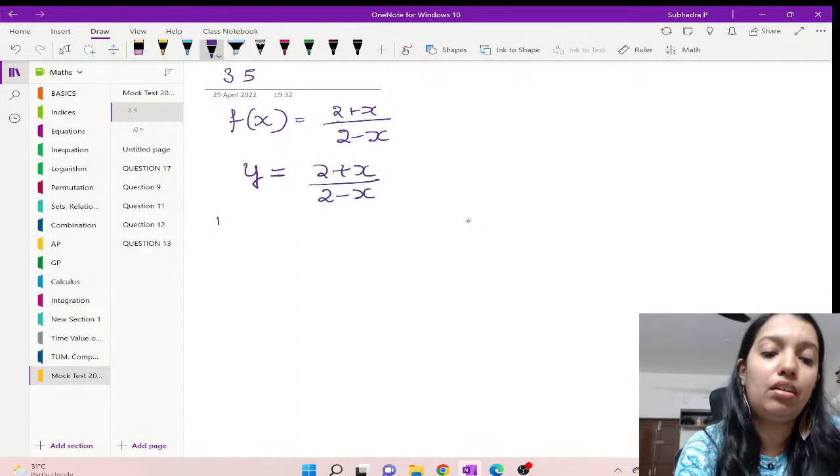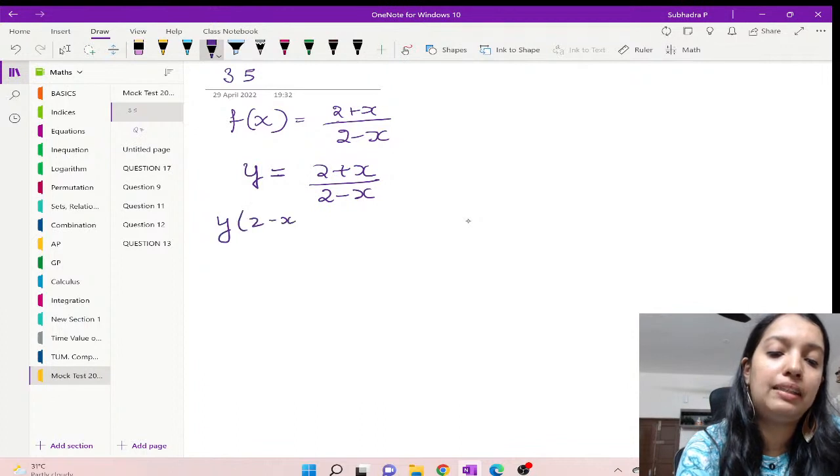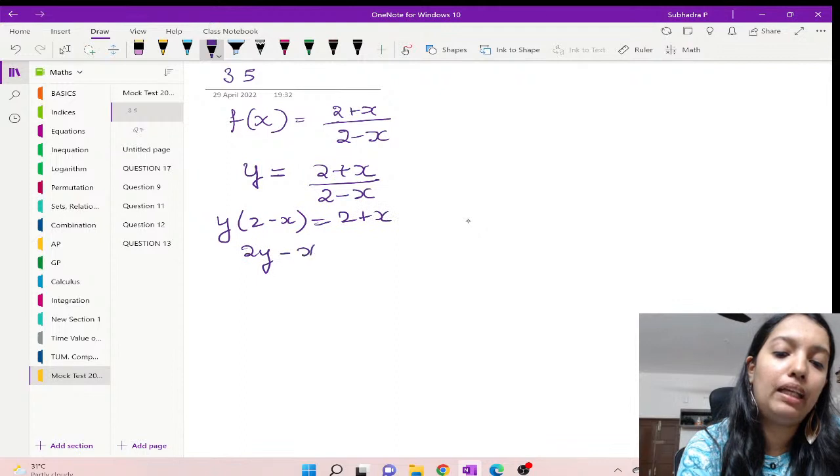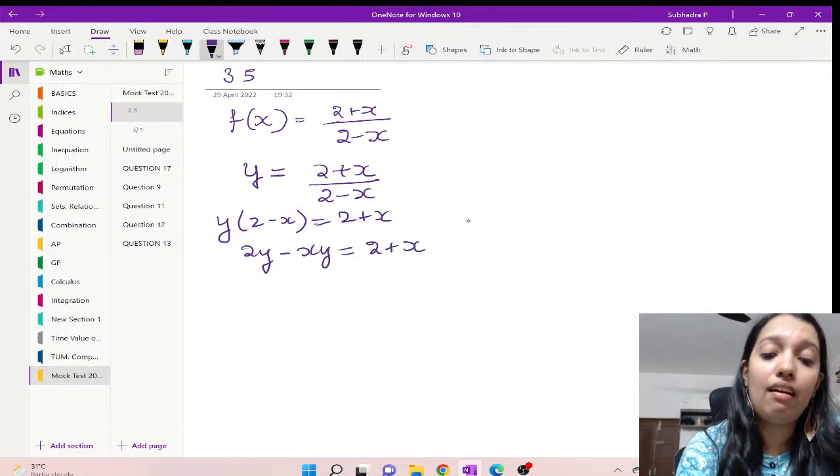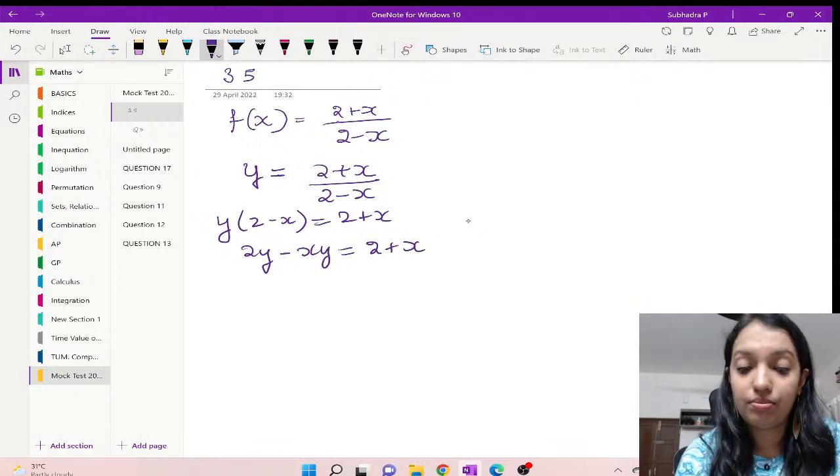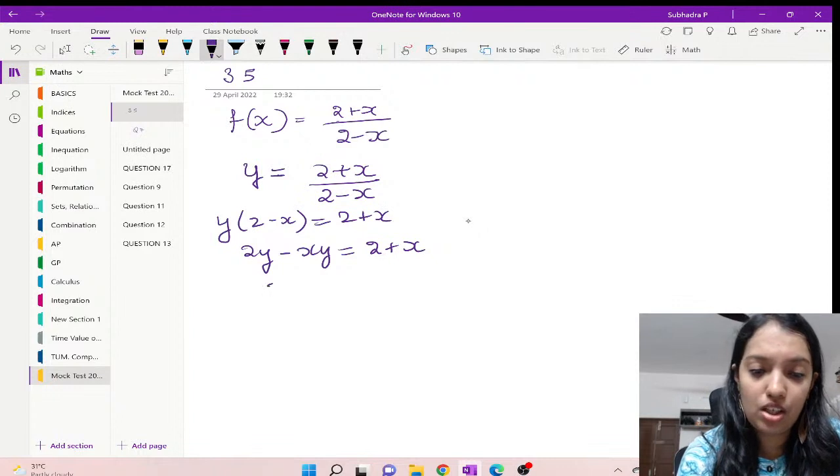Cross multiply, y of 2 minus x is equal to 2 plus x. So this will be 2y minus xy is equal to 2 plus x. Take y as, take, what can we take?